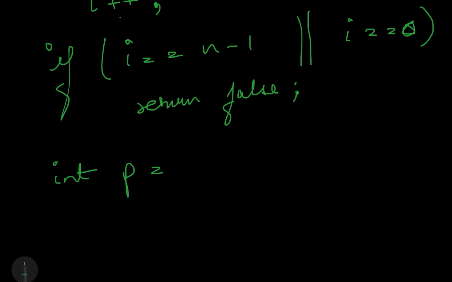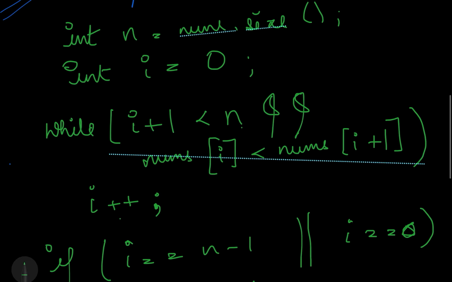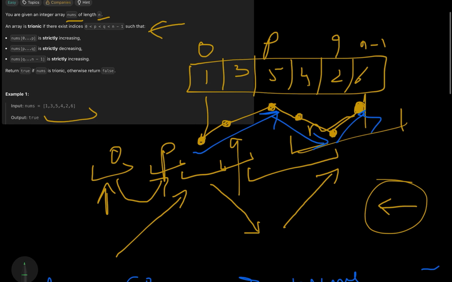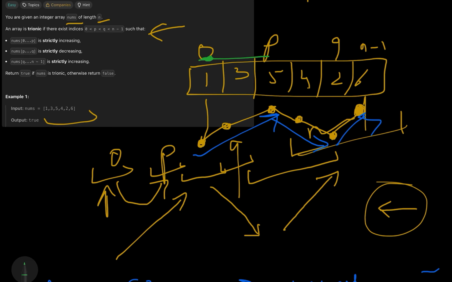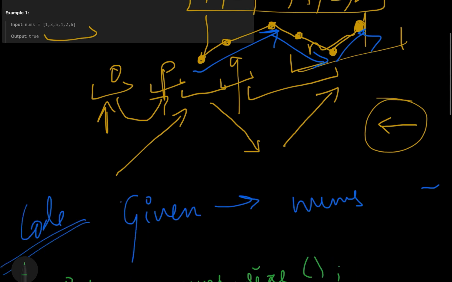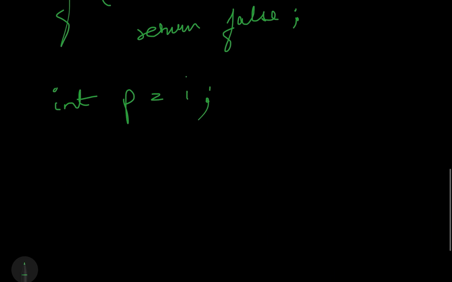Now again we'll take another variable I, because we got our I. Suppose here till we had the increasing, so now we'll define our p equal to I here.